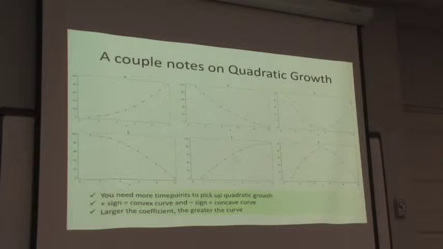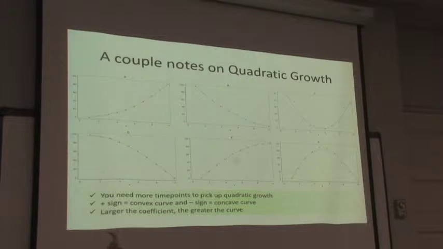It can often be the case that an example looks quadratic, but whether we'll be able to pick it up with the time points that we have is an open question, right? You do need more time points, more fine-grained time data, to be able to pick up a quadratic growth effect.